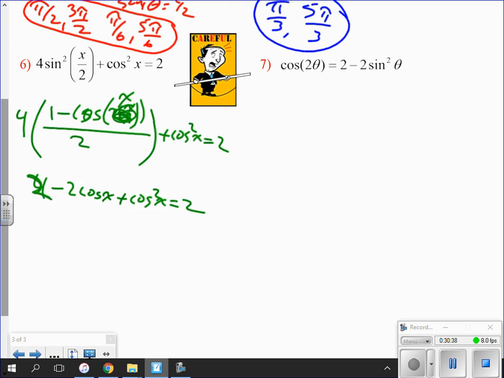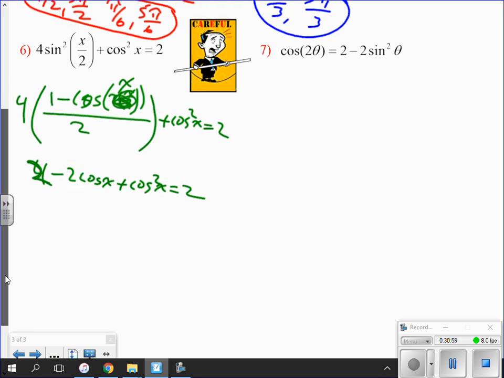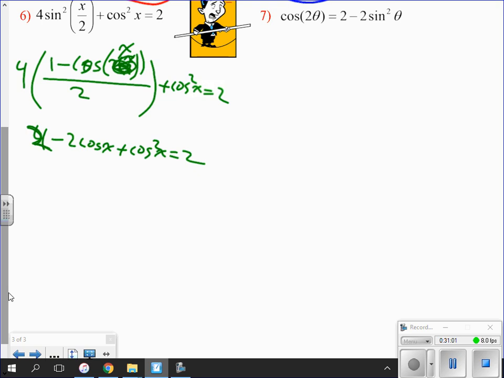I actually made a mistake on the 4, not the 2. 2 times 4 divided by 2, right? Okay.